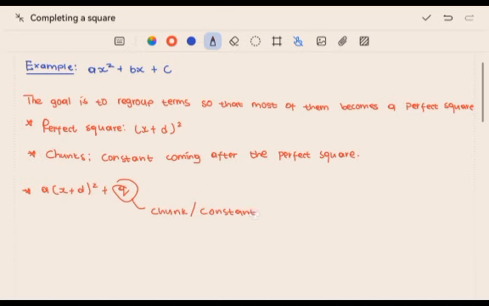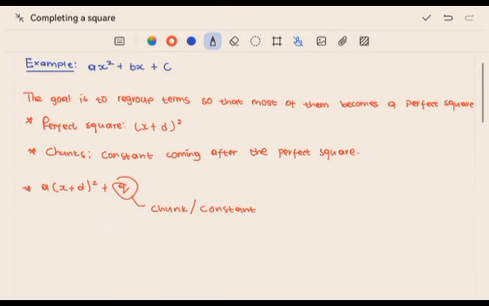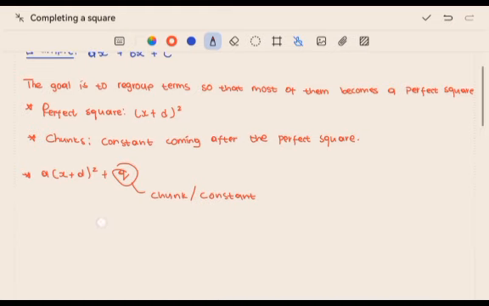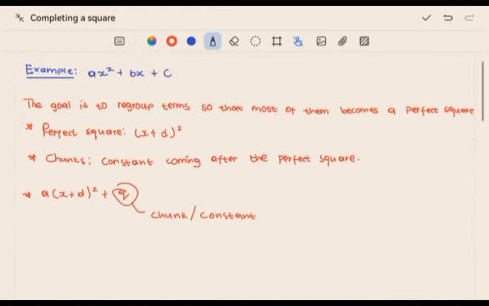I'm only saying chunk so that you can remember it that way. Now I've brought up an example with variables. I know a lot of students don't like variables in their equations, but I'm doing this so that I can solidify your understanding, so that you can see the general procedure of solving equations.